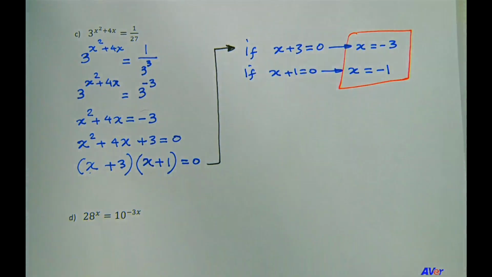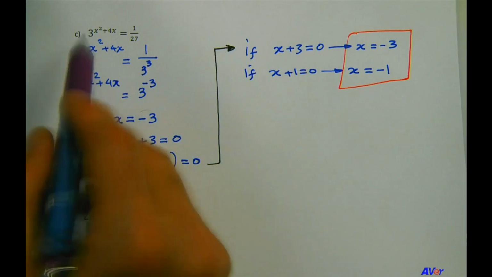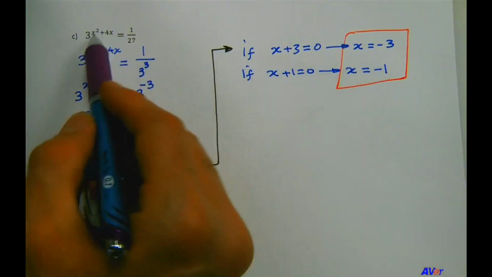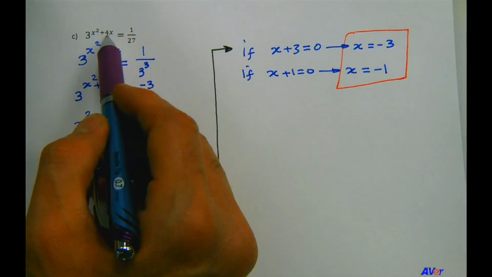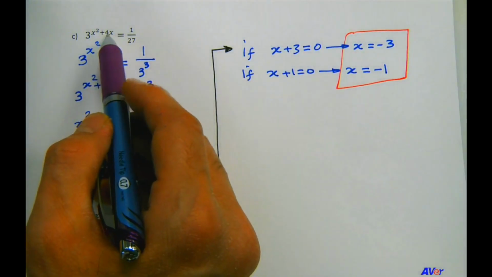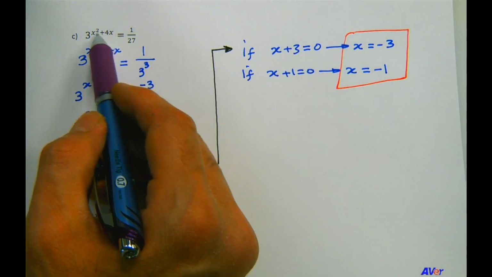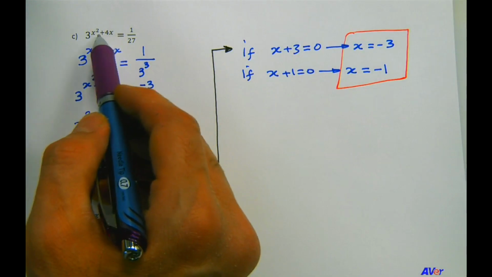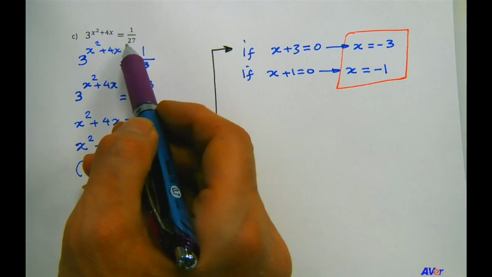In this case, we really don't need to check because both of those answers should come out right. I mean, we can if you want. So minus 1 squared is 1, plus minus 4, that's minus 3, which gives 1 over 27.